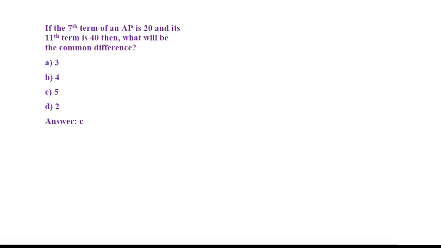If the 7th term is given, 11th term is given, then I have to find the common difference. What is the formula to find 7th term or 11th term? An is equal to a plus n minus 1 into d. So if I am using this particular formula, what would be a11?